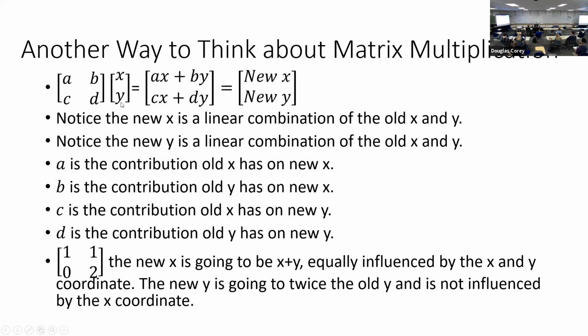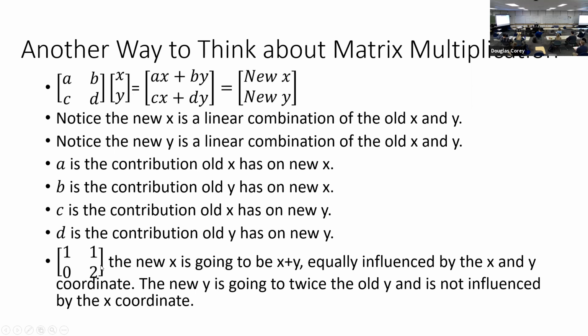And then c and d tell me how I'm going to combine those x and y coordinates to get my new y. So c is the contribution that the old x has on the new y. D is the contribution old y has on the new y. If you don't like this way of thinking, that's fine. I'm just throwing it out because it might be helpful. I find it somewhat helpful when I have something like 1, 1, 0, 2.